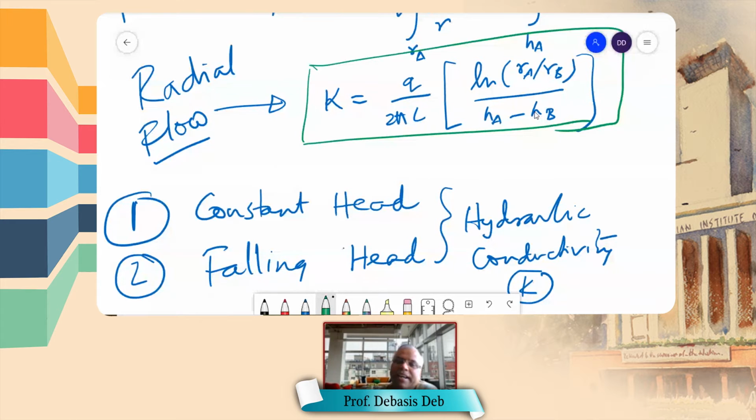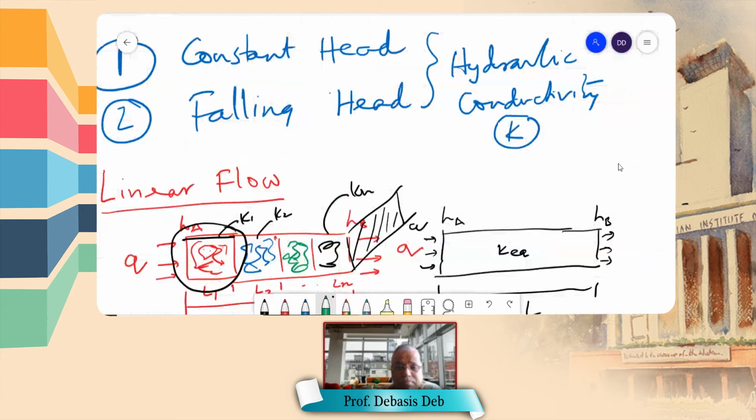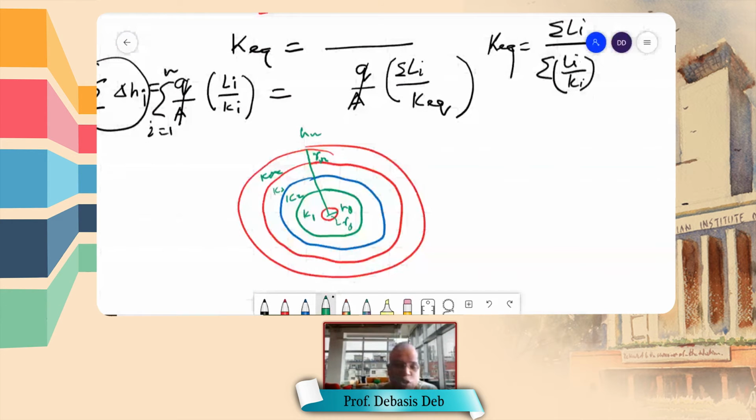And ln Ra by Rb, over Ha minus Hb. The approach is exactly the same. There is no difference in the approach. Only thing, you have to use that equation.